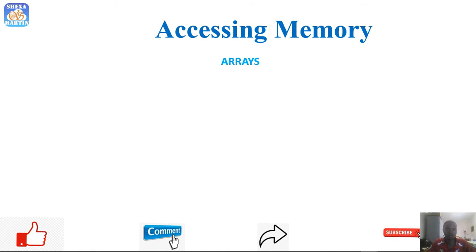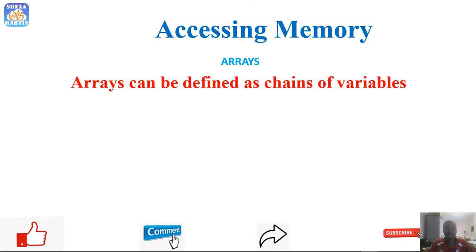Now, what is it that we call an array? An array is defined as a series of variables. This series of variables has many variables, but all the variables use the same variable name.